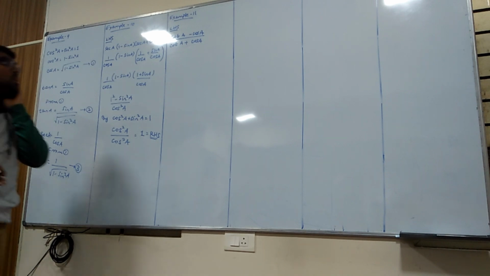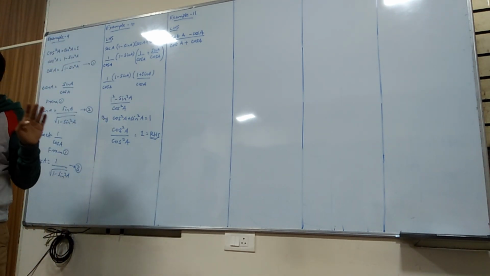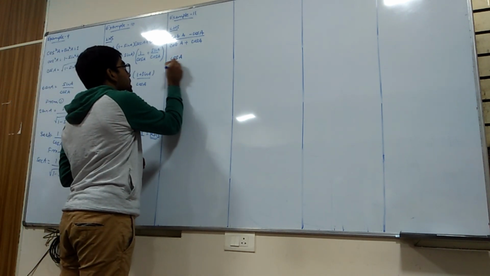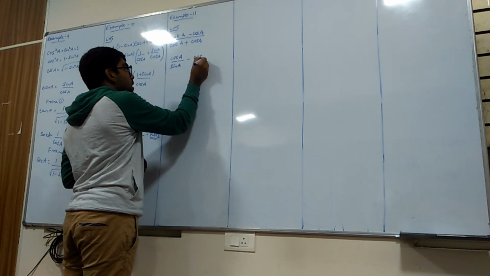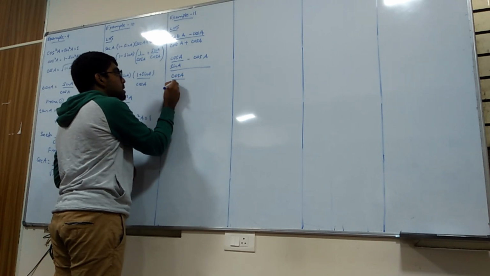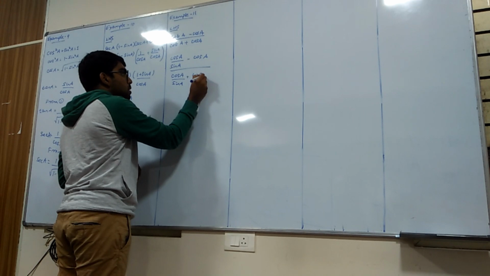Okay, we'll take here, again as I told you, we will express everything in terms of sin and cos. So cot A can be written as cos A divided by sin A. So (cos A divided by sin A minus cos A) divided by (cos A by sin A plus cos A).